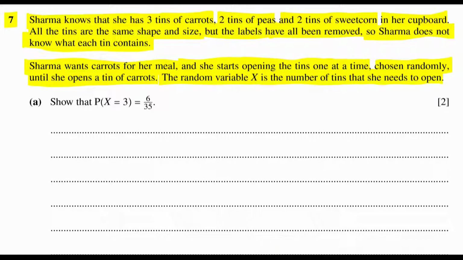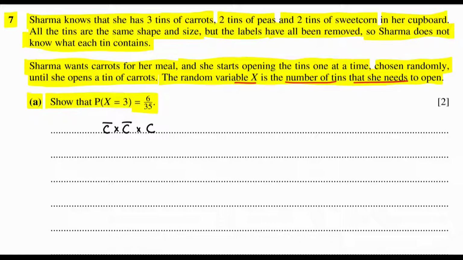Part A: show that the probability of X equals 3 is 6/35. Since X is the number of tins she needs to open, and they have asked for X equals 3, the scenario has to be: first one is not carrot, second one is not carrot, and third one is carrot.